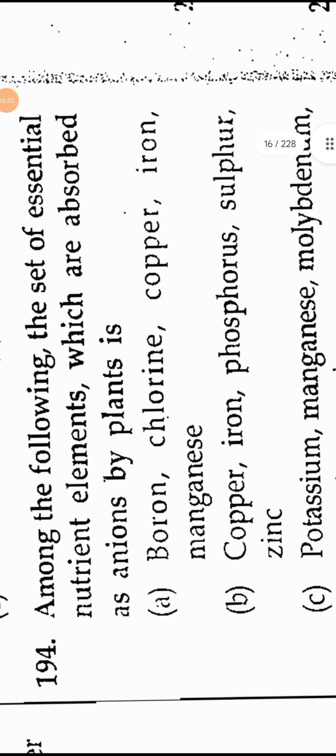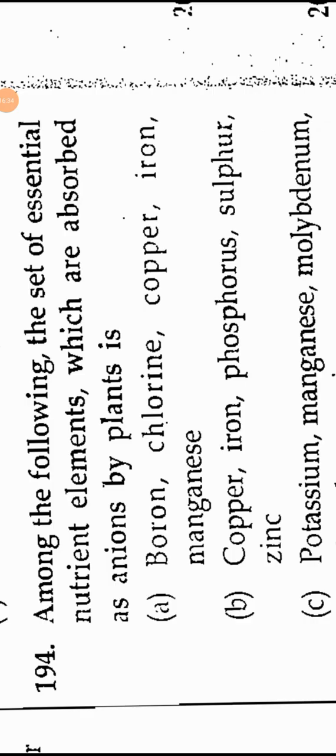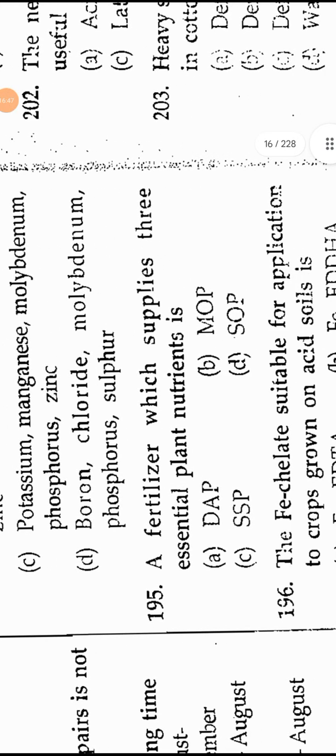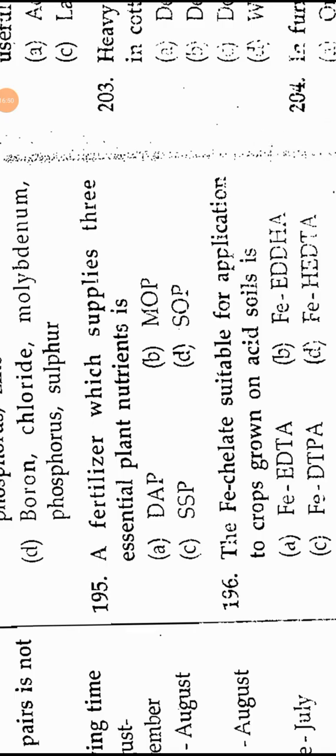Among the following, the essential nutrient elements which are absorbed as anions by the plants are option D, that is boron, chloride, molybdenum, phosphorus, and sulfur. A fertilizer which supplies three essential plant nutrients is CSSP. The iron chelate suitable for application to crops grown on acid soil is option D, iron HEDTA.